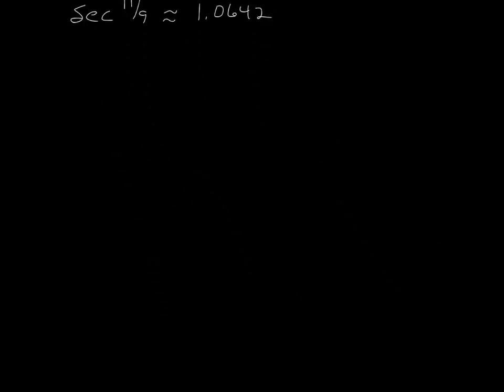I want to find two solutions without the calculator. There's two angles between 0 and 2 pi that have a sine of 1/2. What are those two angles that have a sine of 1/2?